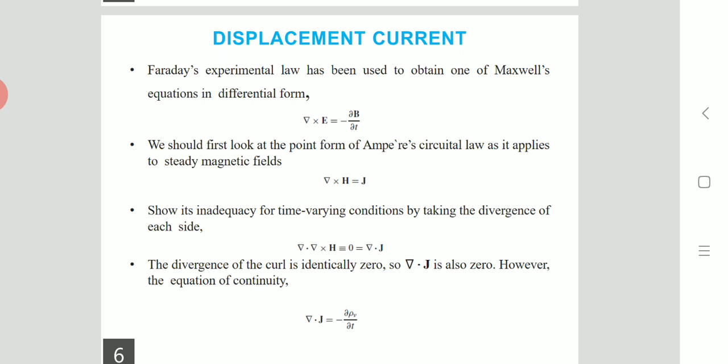But we know the continuity equation, that is del dot J is equal to minus dou rho V by dou T.